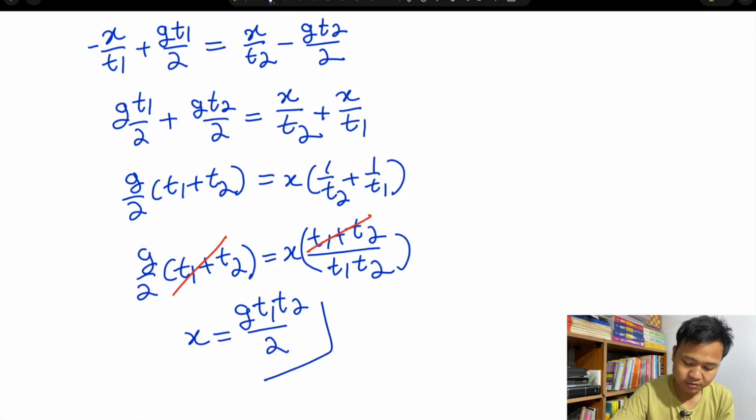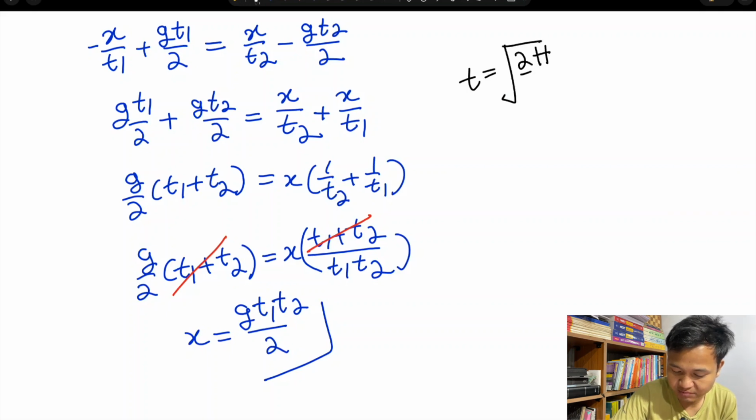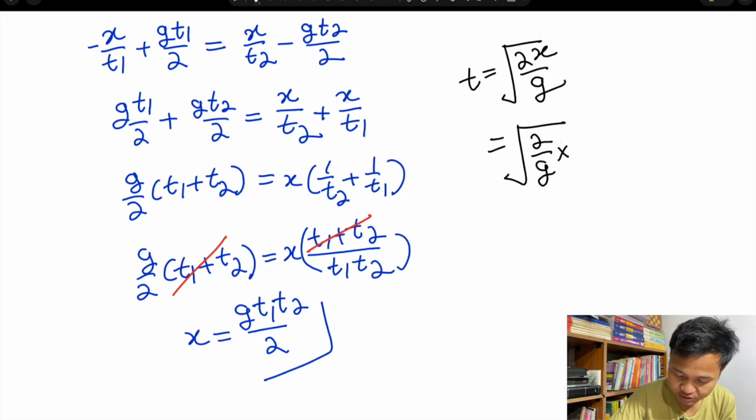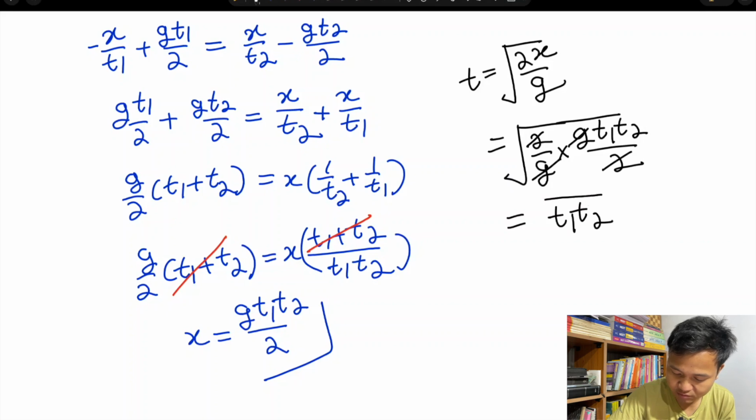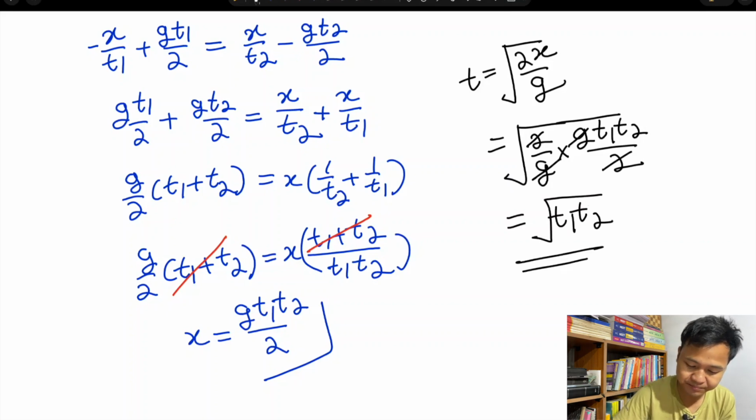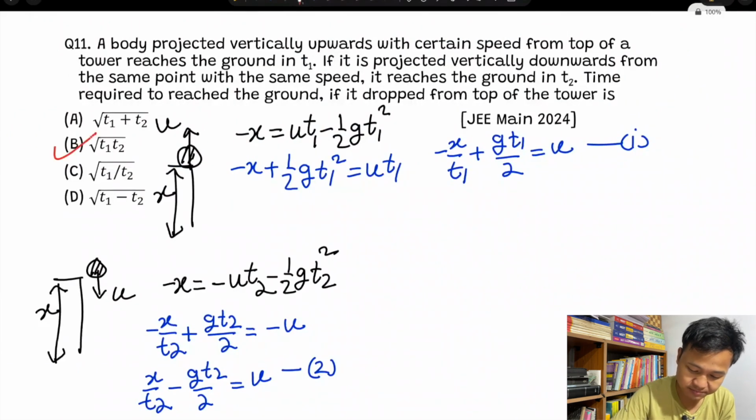Now the question asks for the time if it is released. The formula for time if it is released is the square root of 2h by g. You put the value of x, so 2 by g into g t1 t2 by 2. Everything gets cancelled out, remaining t1 into t2. So this is the time. So the answer is B.